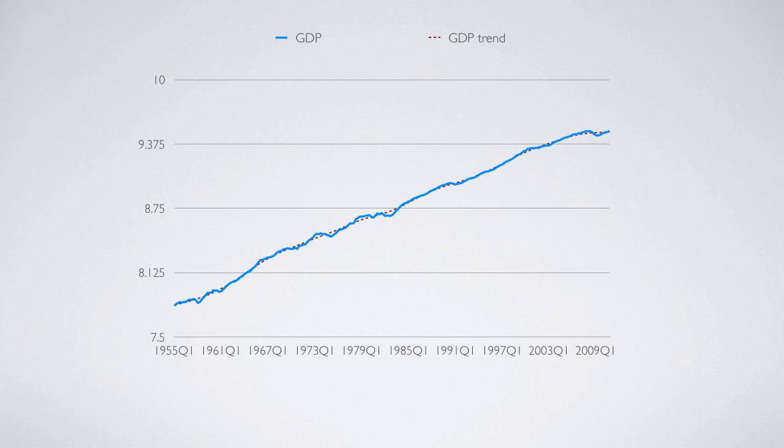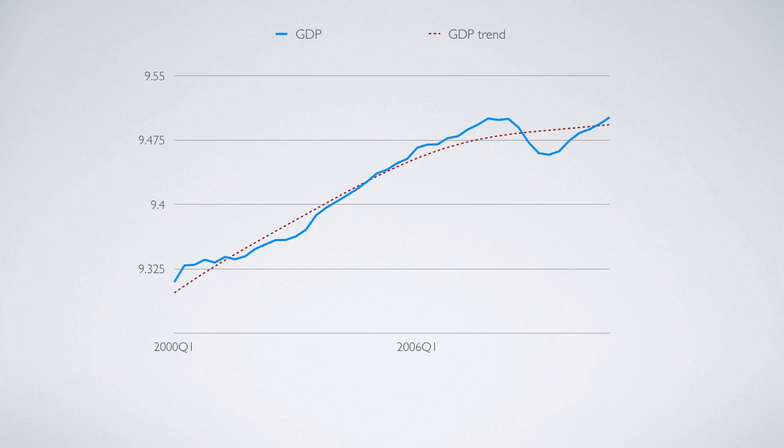If we zoom into this figure to the time after 2000, what we can see is the trend line and the original data line, the blue line. Sometimes the real GDP data is above trend, sometimes it is below trend. So we try to deduct the trend from the real GDP blue line.